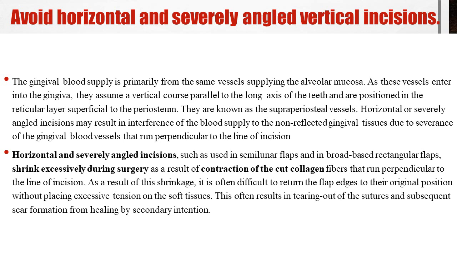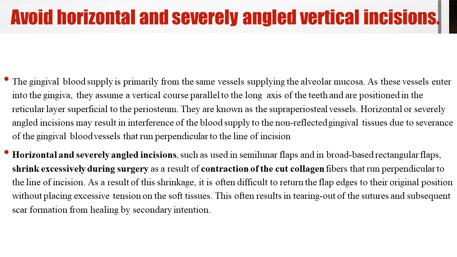Also, another disadvantage of your horizontal and severely angled incisions is that they shrink excessively during surgery because of the contraction of the cut collagen fibers which run perpendicular to this line of incision. So if you give a horizontal incision, the collagen fibers are actually running perpendicular to it.